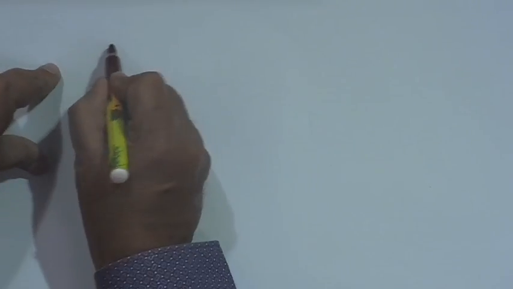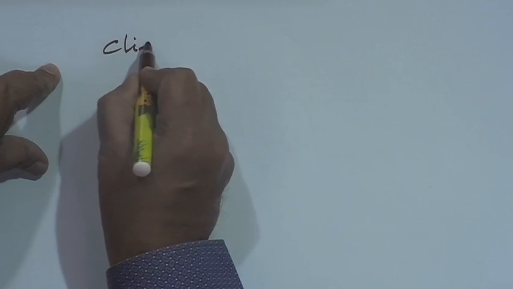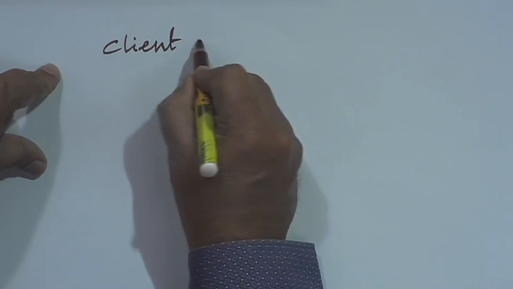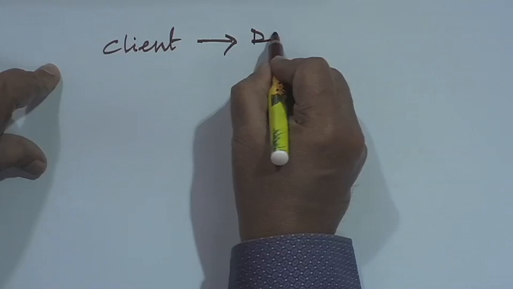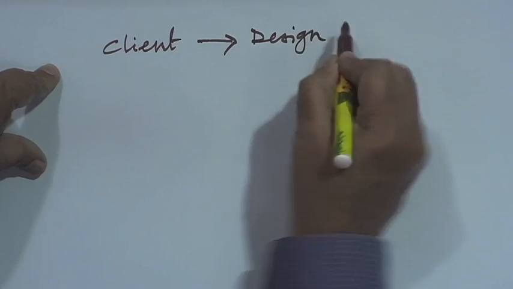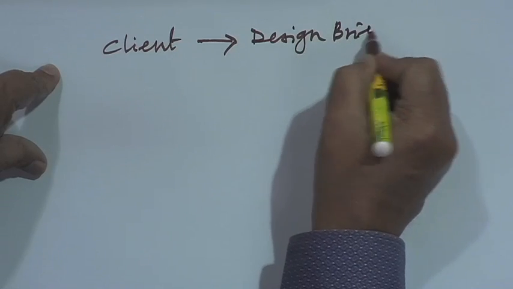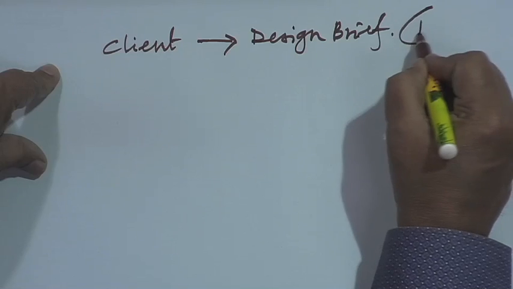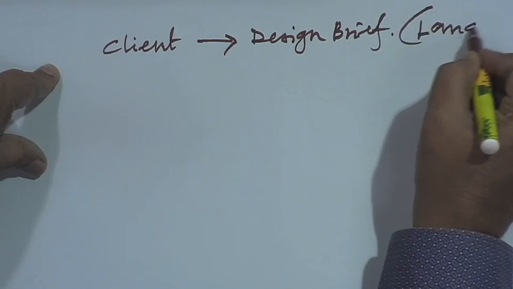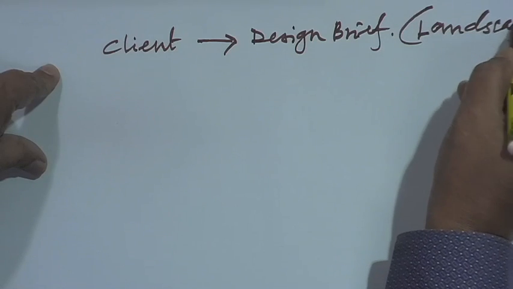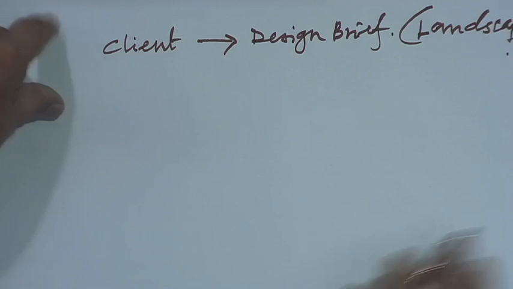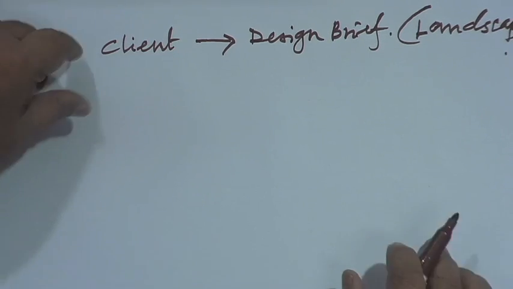Now as soon as the design brief is given to you, let me give you a sequence. The client comes to you with a design brief. This is the design brief of a landscape project, because our focus is on landscape. He comes with the idea of the landscape project that we are going to do.